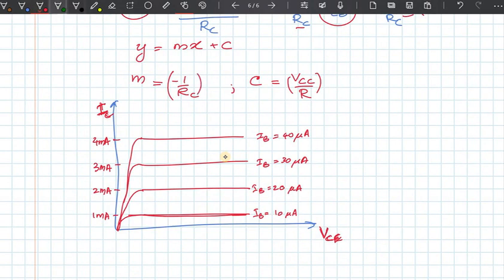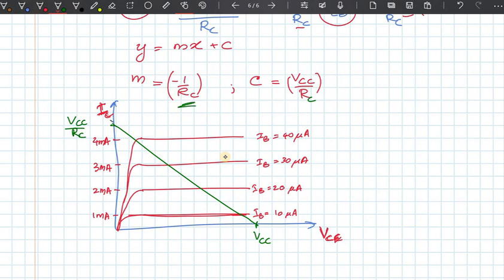So what this looks like is something like that, where this one is VCC, and this is VCC divided by RC, and the slope is minus 1 over RC.